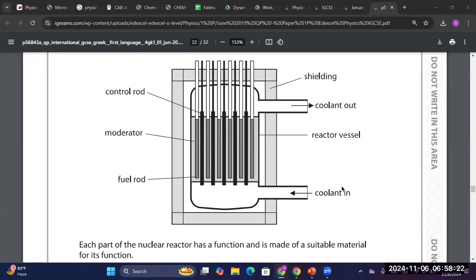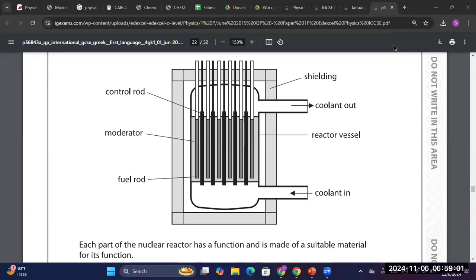When we talk about the control rod, why do we need a control rod and what is the function of a control rod? A control rod is basically going to help us in absorbing any excess neutrons that are produced in the reaction.